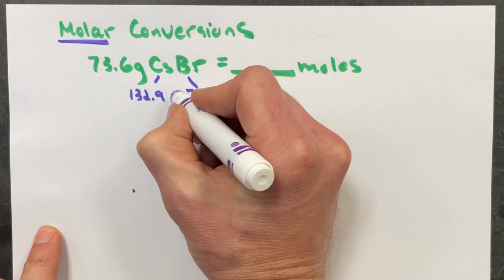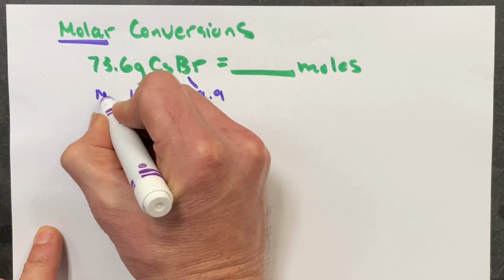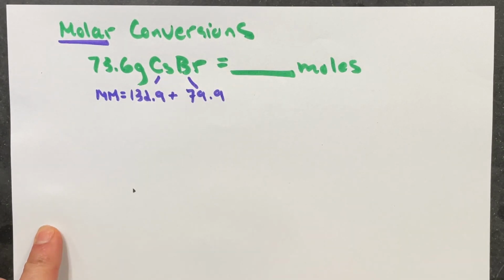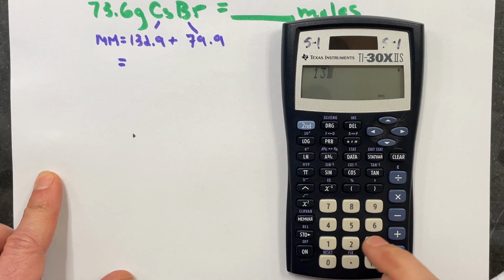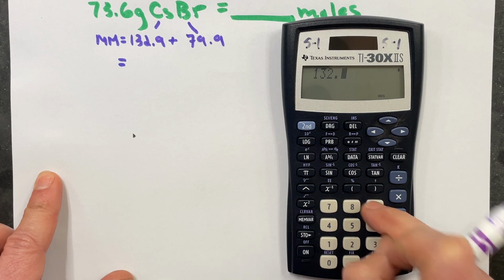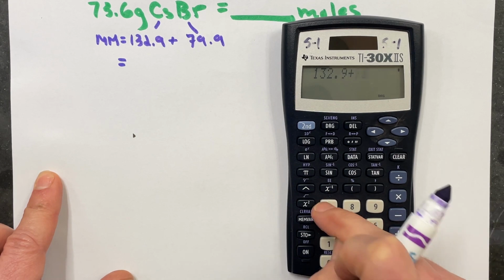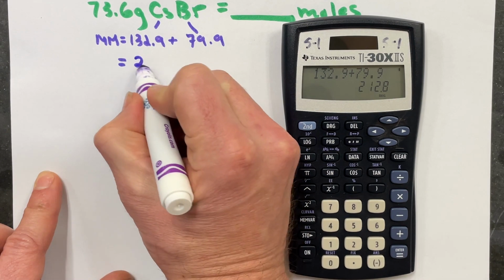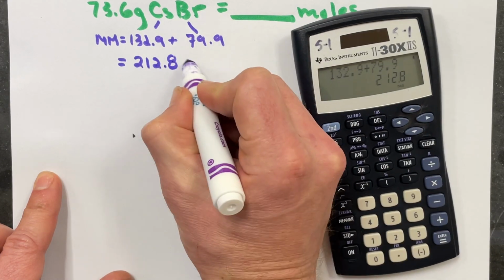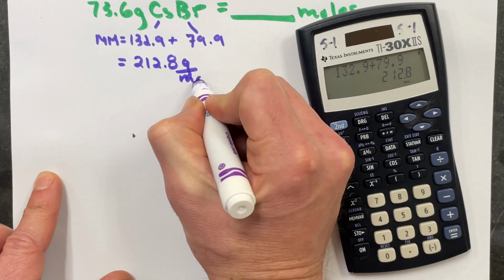And the molar mass is those two added together. And we'll see we'll need that here as we go. So when we add those two numbers together, 132.9 plus 79.9, that gives us 212.8 grams per mole.